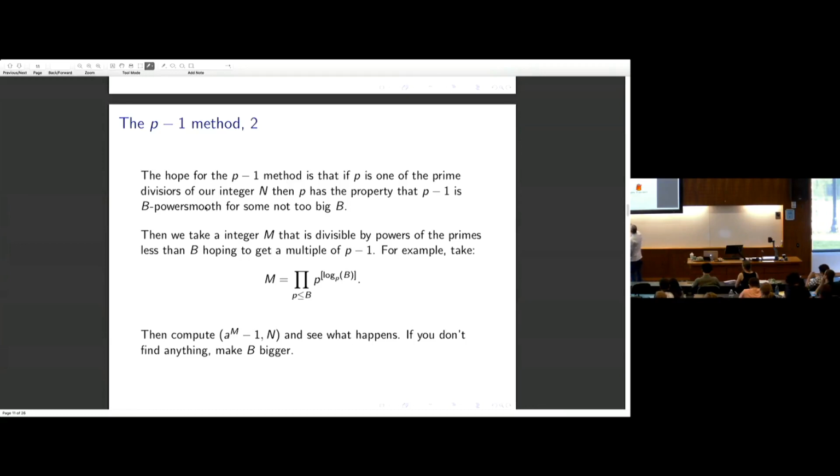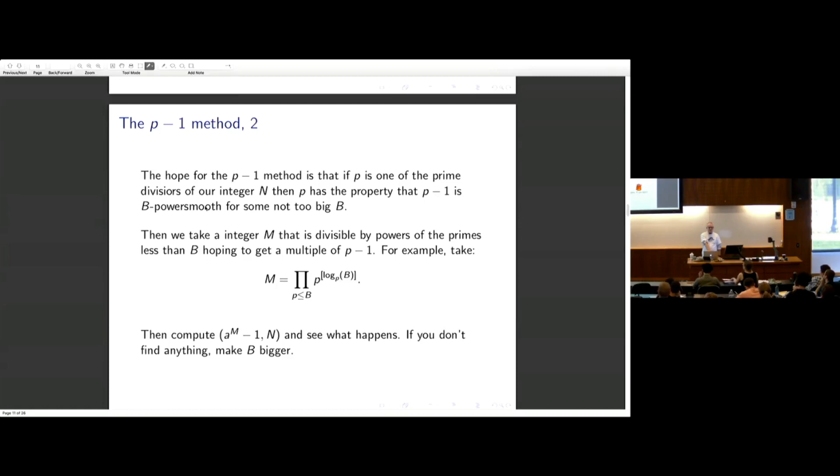So we try such m's, and we hope that a to the m minus 1 is going to have a factor in common with n. This will happen if m is one of these power smooth numbers, and if p is this unknown prime divisor of n, and p minus 1 is a product of small primes to relatively small powers. That p minus 1 is going to divide this m.